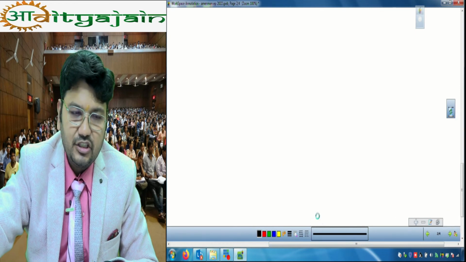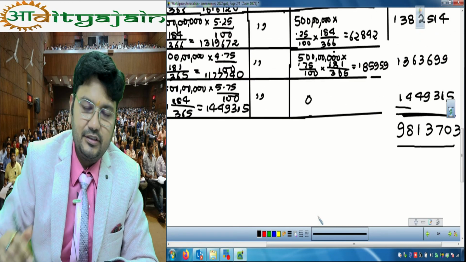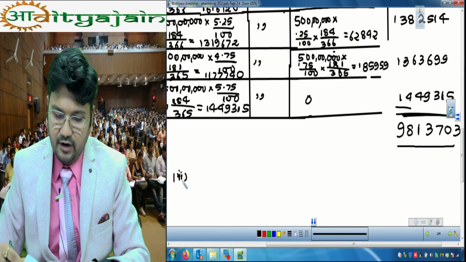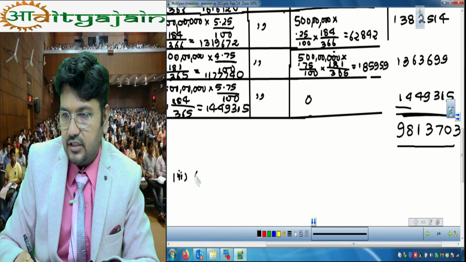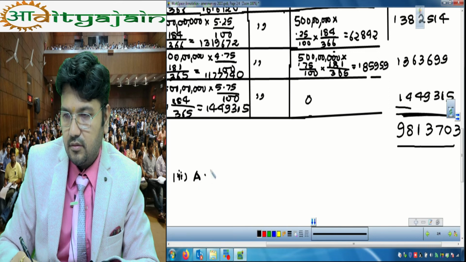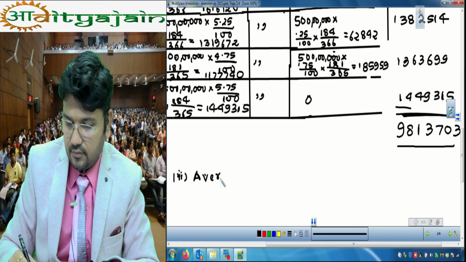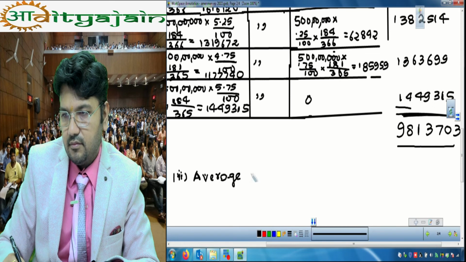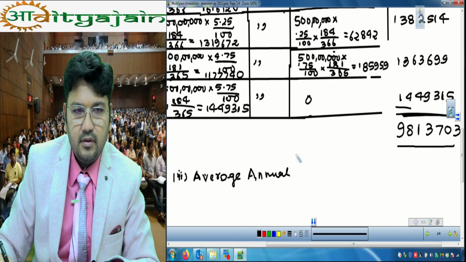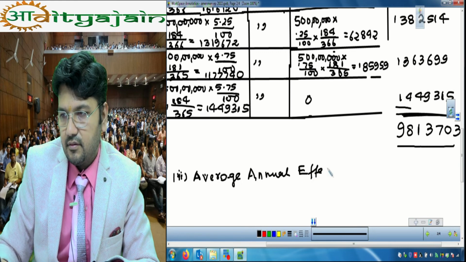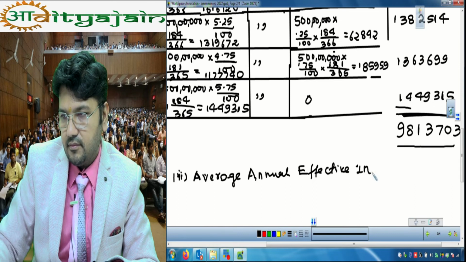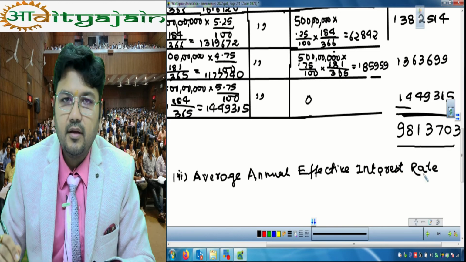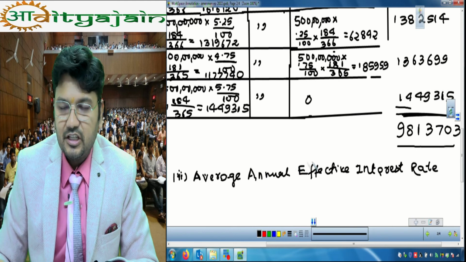You have to do average annual effective rate of interest. So the second part of the question is very simple. You have to do average annual effective interest rate.